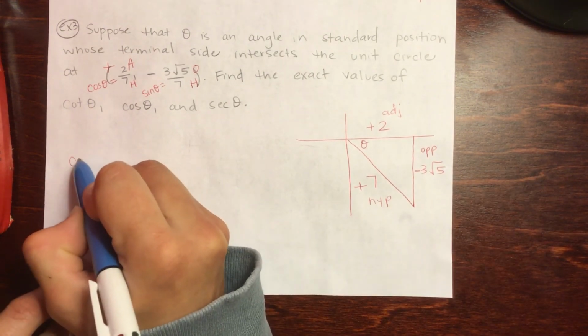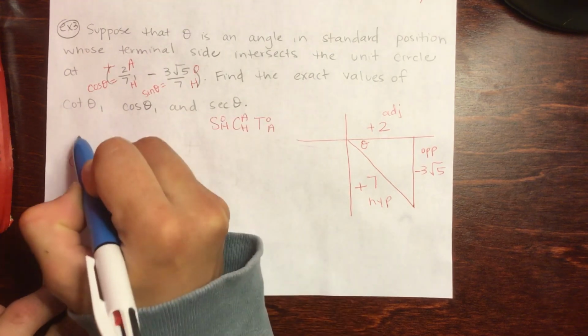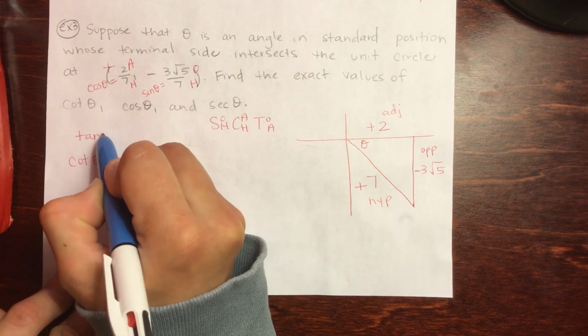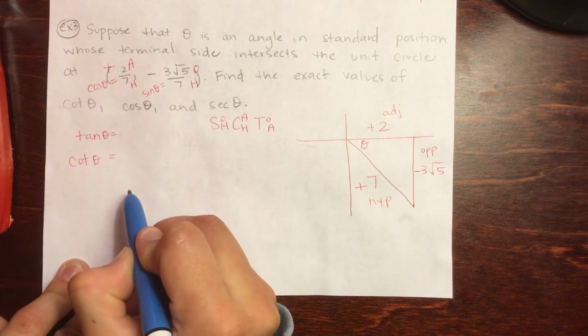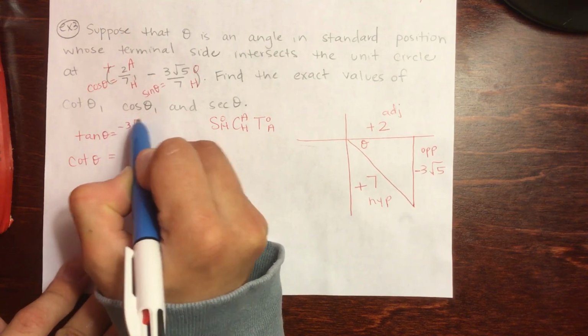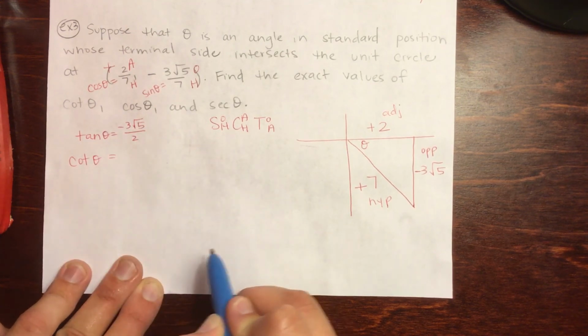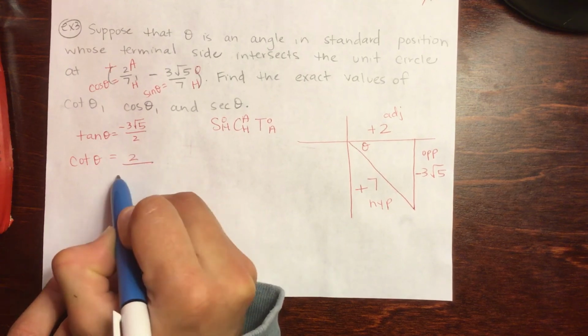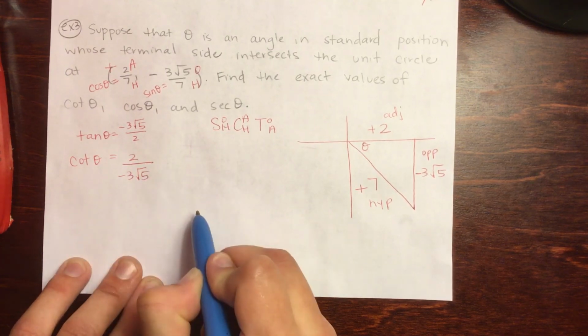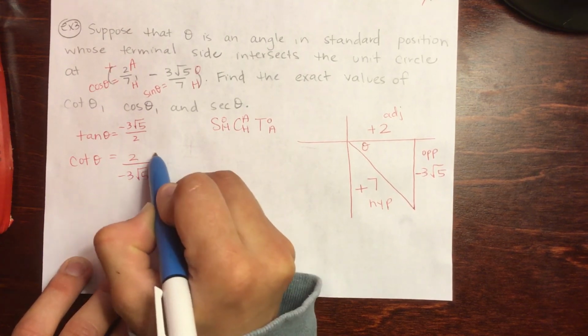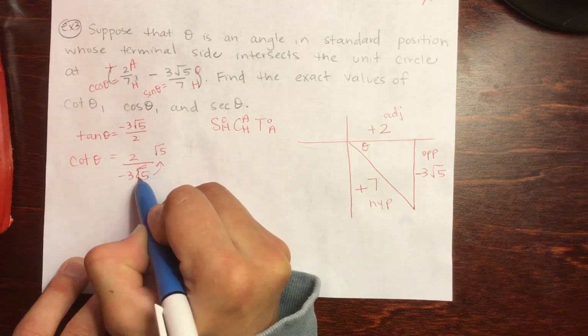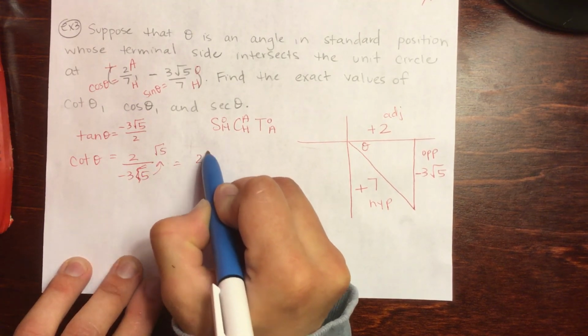Now, to find our cotangent fraction, well, tangent is the TOA fraction. So cotangent, I need to flip that. Rationalize your denominator because I do not leave square roots in the denominator.